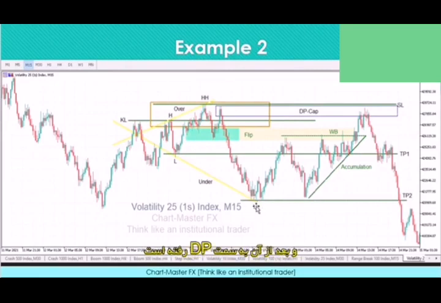Once the price created a lower low here, as the price was approaching the decision point that is here, it needs to approach it on the PA basis. We can see that the price was doing accumulation.